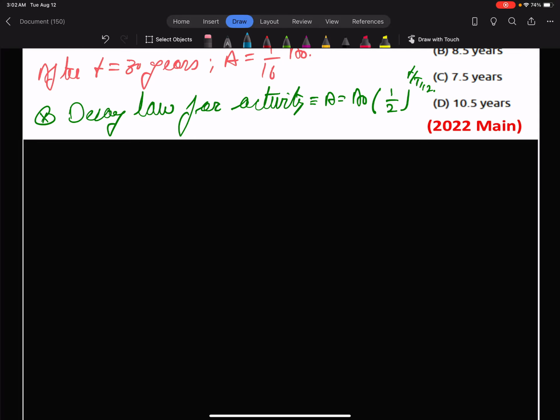So we can write A upon A0, which is equal to 1/16, is equal to (1/2) to the power small t, which is our 30 years.